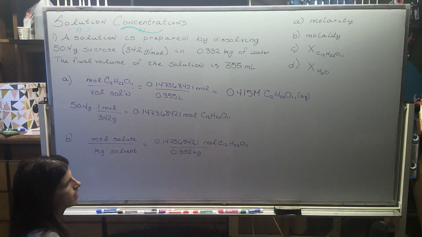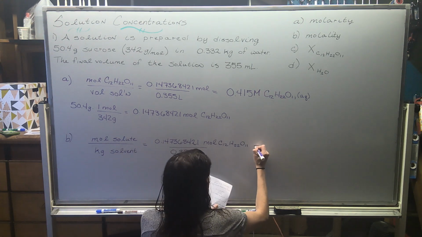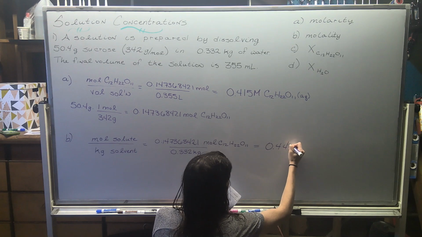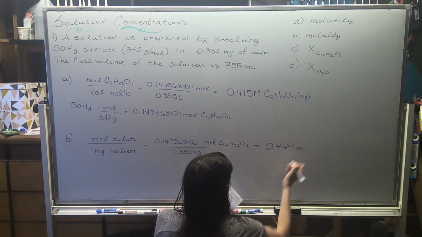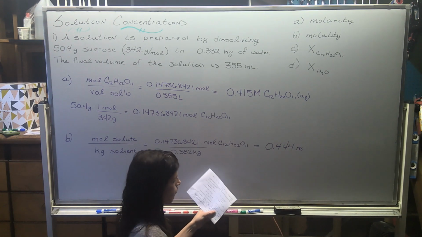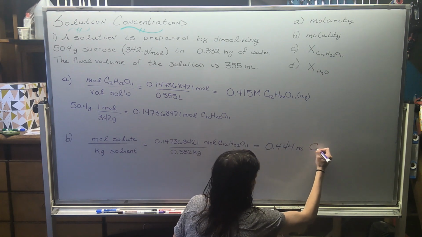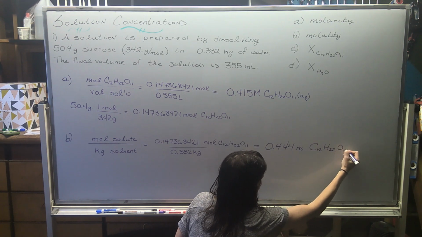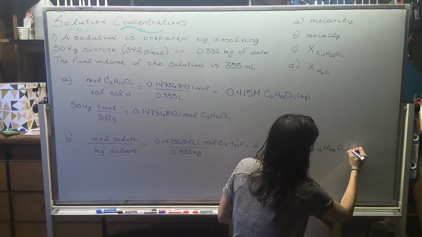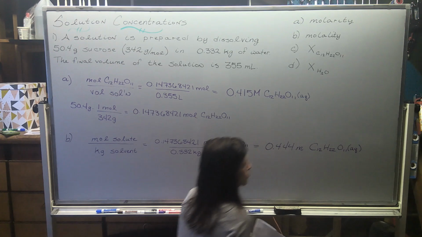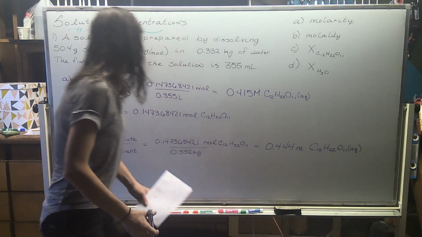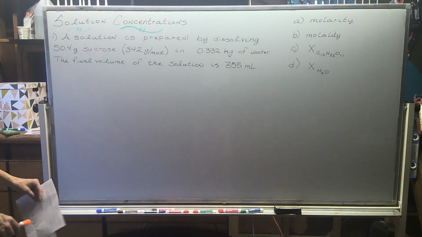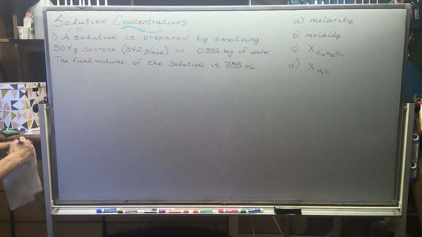When I did that and considered the 3 sig figs, I got an answer of 0.444 molal. So it's a 0.444 molal solution, and I can put the substance as well. You know, if I'm making a label or whatnot, you definitely want to know what's in that bottle or beaker.